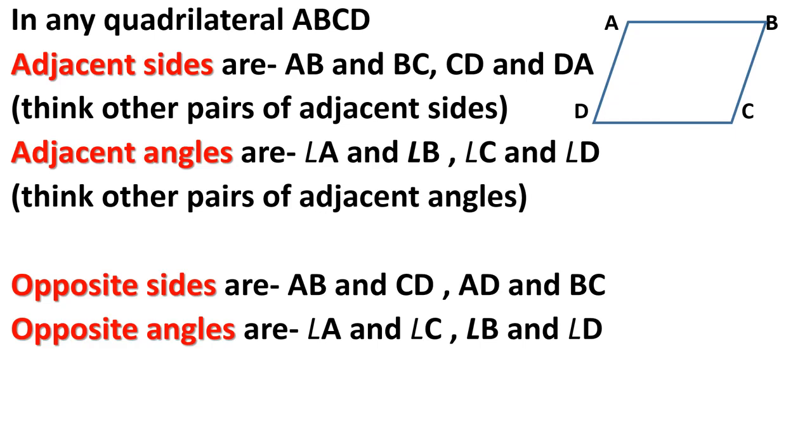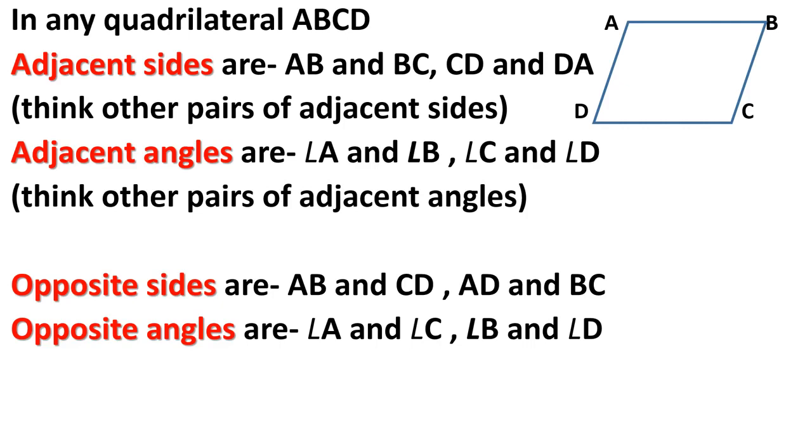In the same way, we can find opposite vertex and adjacent vertex. Adjacent vertices are the endpoints of the same side of a polygon. Okay, the endpoints of the same side of the polygon are called adjacent vertices. Same, A and B are adjacent vertices, and A and C are opposite vertices.